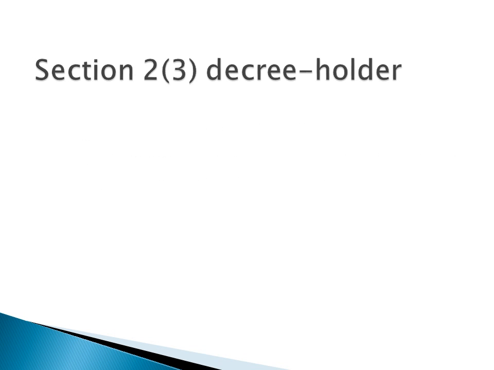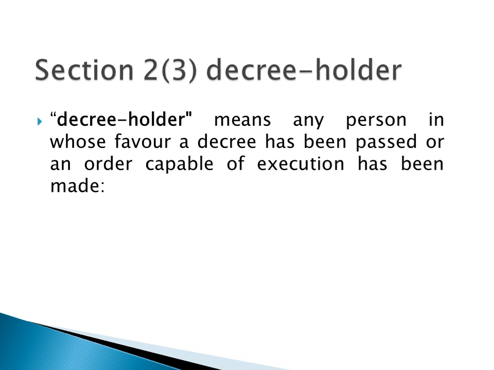Under section 2 clause 3 of the Civil Procedure Code, any person in whose favor a decree or an order capable of execution has been passed, he or she is referred to as the decree holder.